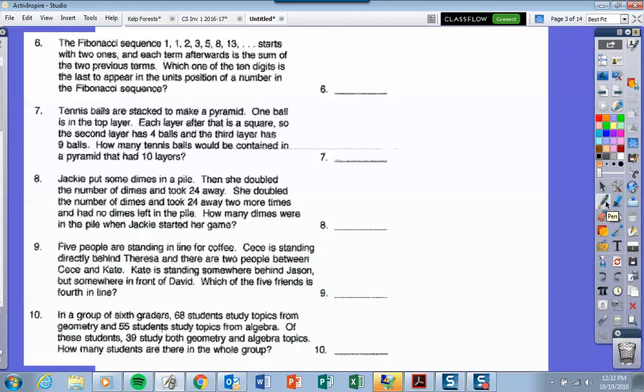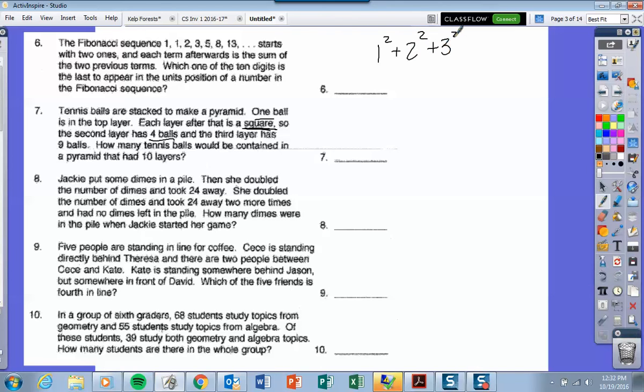So if I've got 10 layers, because each is a square, I really can just worry about the sides and don't need to worry about the number of balls. In the first layer, it's 1 ball, a 1 by 1 or 1 squared. In the second layer, there are 4 balls, which means it's a 2 by 2, which is 2 squared.